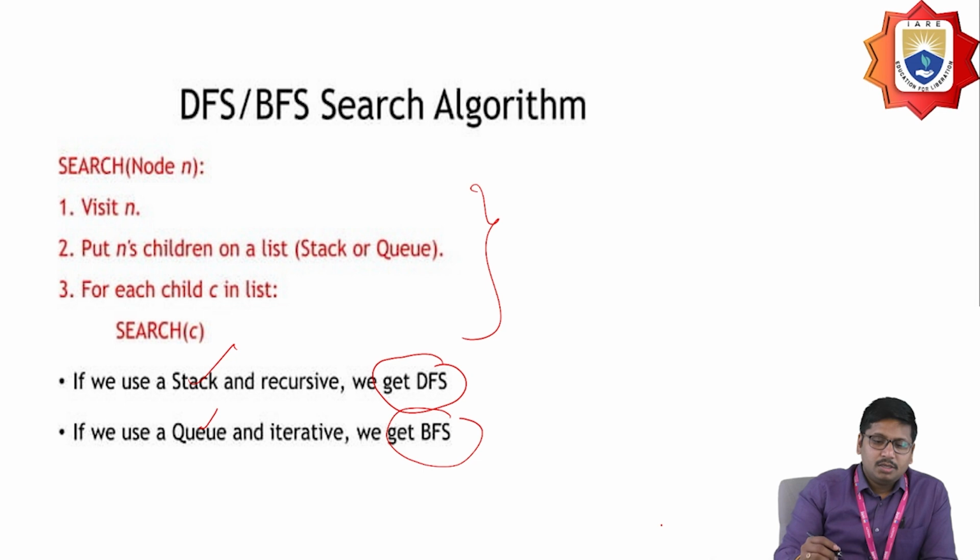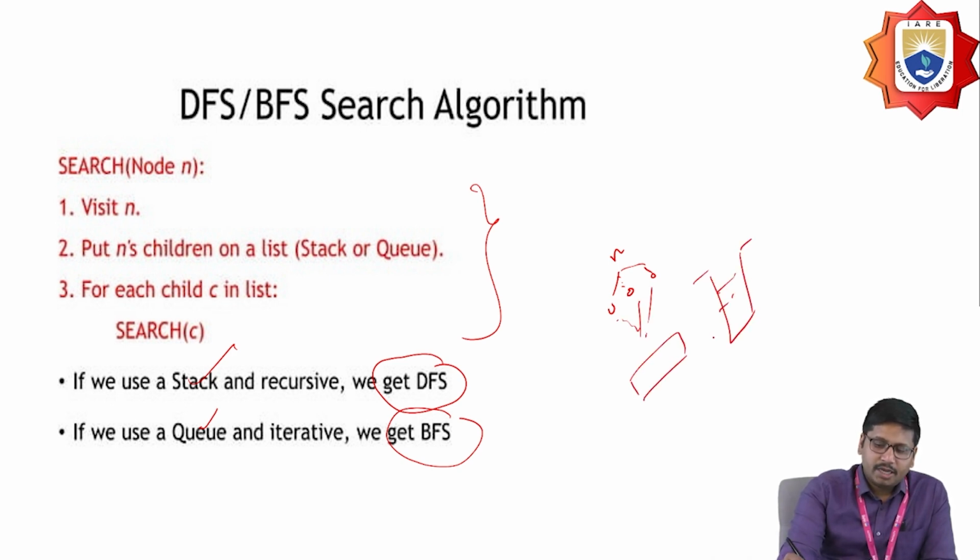So visit the node, identify its children, and place all the children in the appropriate data structure, whether a stack or a queue. If I use a stack, I get DFS order, and if I use a queue, I get BFS order.